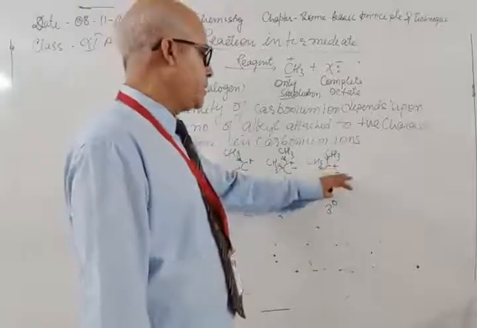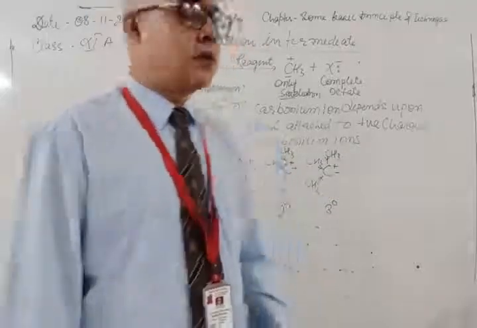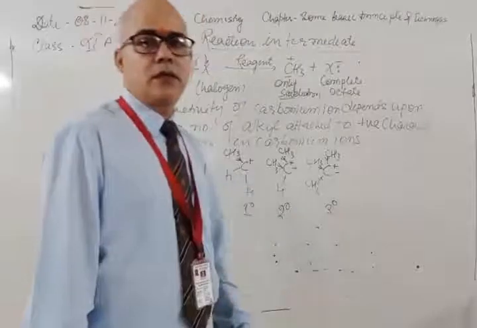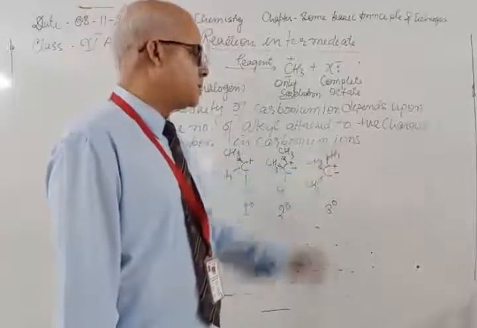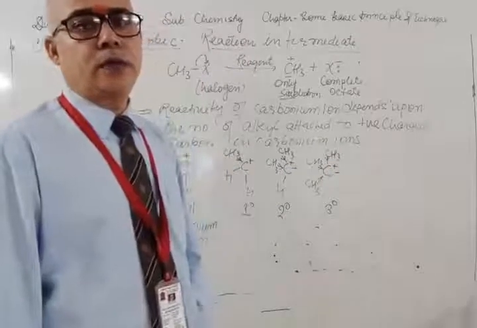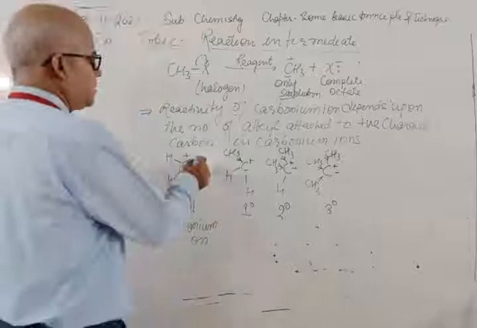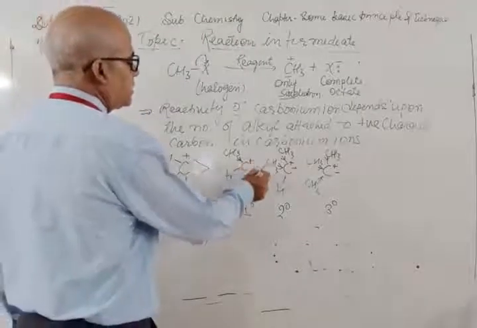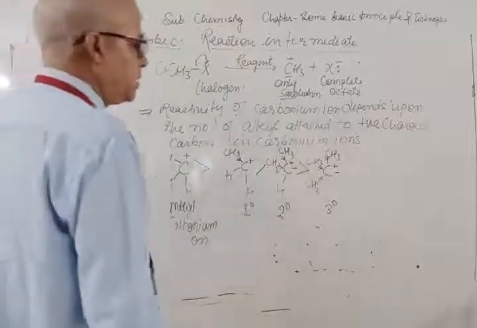So reactivity toward any reagent in this case is very less, because the requirement of electron is completed by these three alkyl groups. Now you can see that this one is more reactive than this, and this one is more reactive than this.